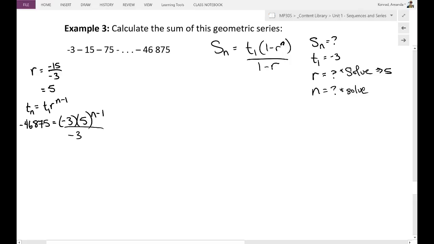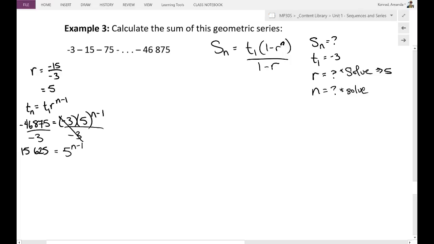So that's the first thing I'm going to do, is divide by -3 on both sides. So 46,875 divided by 3 gives me a much smaller number of 15,625.